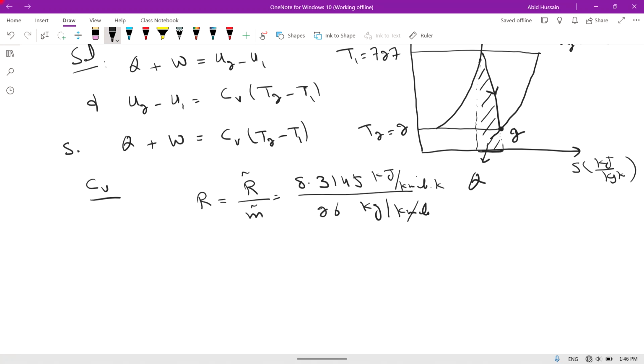Kilomole cancels with kilomole. So R is equal to 8.3145 divided by 26, which is equal to 0.3198 kilojoule per kilogram per Kelvin.